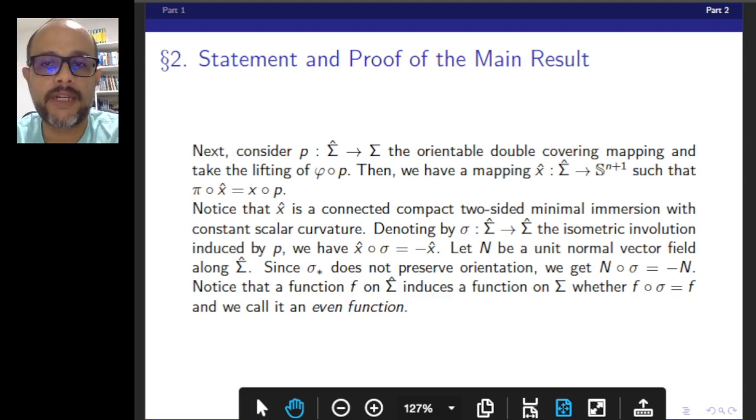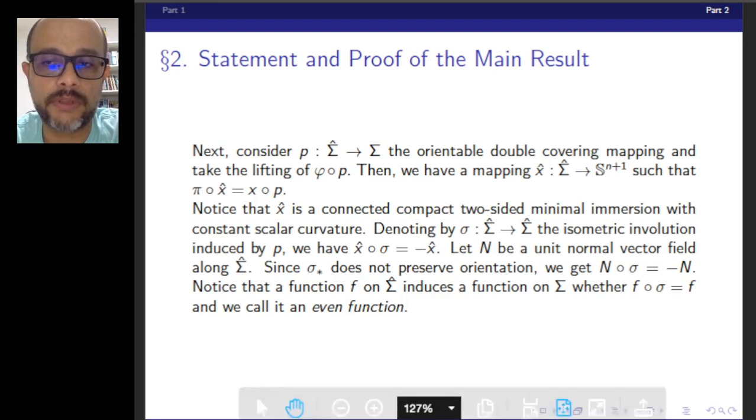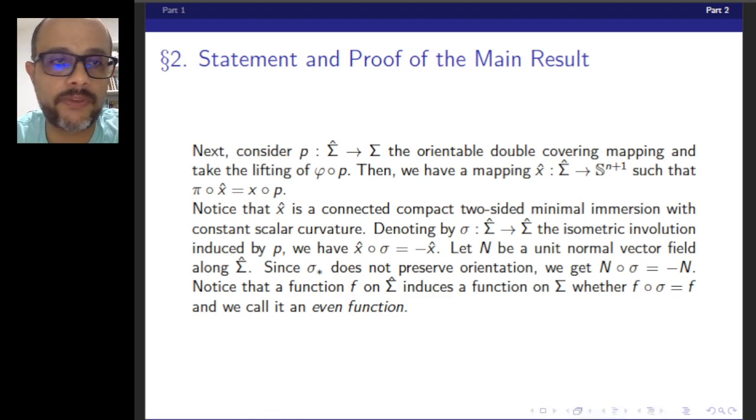And finally, we call a function which is invariant by sigma an even function. Invariant means that f composed with sigma is equal to f. Sigma, the little sigma, the involution, okay?